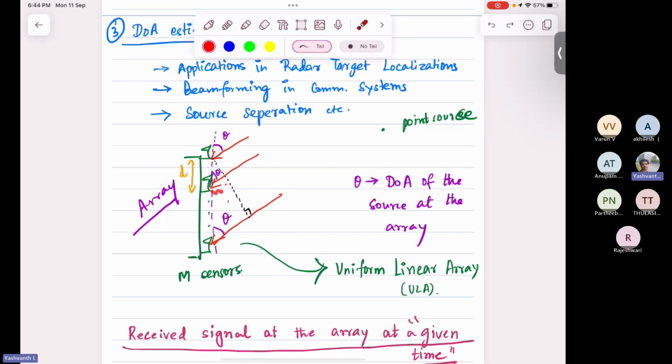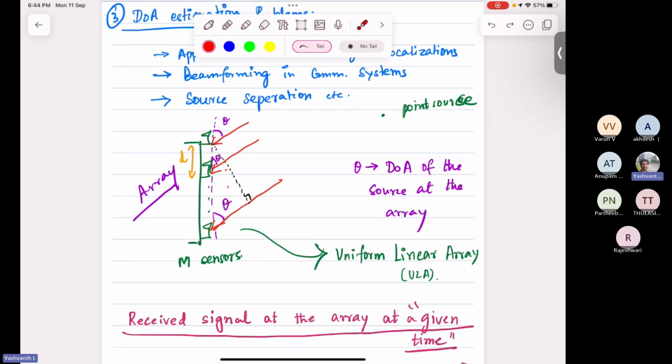The difference is given by this, because the ray has to travel this particular extra distance to the second sensor. For the last sensor, this is the additional distance that the ray has to travel. That's why the signals received at all these sensors will have a phase shift. They will have the same amplitude, but the phase of the signal arriving at these sensors will be different because of the different propagation distances.